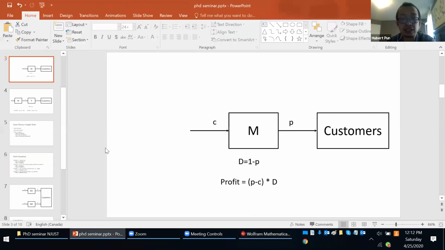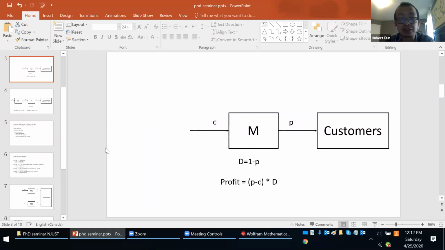first exercise, okay? What we have done is that a manufacturer sells a product to the customer, there's no supply chain. The manufacturer decides on the price. We have done some exercise when the production cost equals 0.